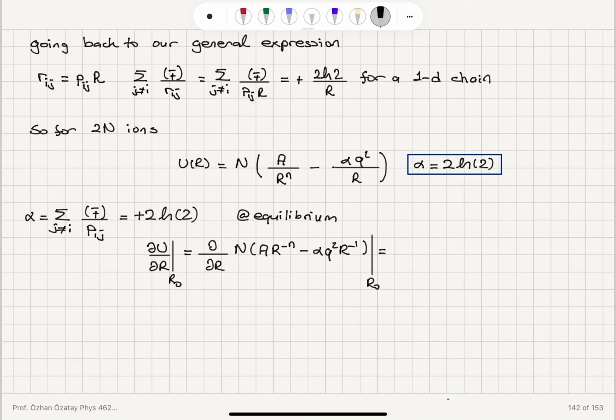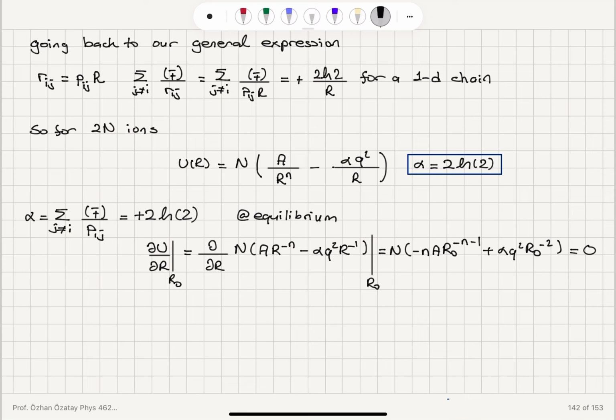And this is going to be equal to capital N times, now this derivative will give me a minus n here. So minus n capital A R0 to the power minus n minus 1. And then this derivative will give me a minus 1. So I will have plus alpha q square R0 to the power minus 2. And this is equal to 0 at equilibrium.